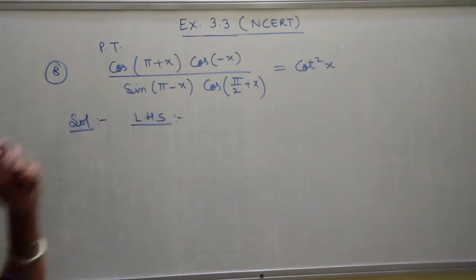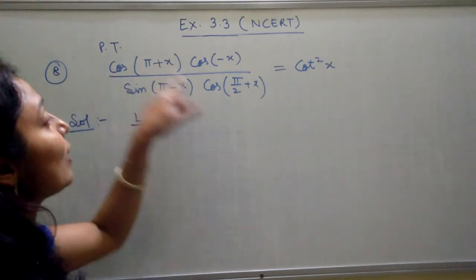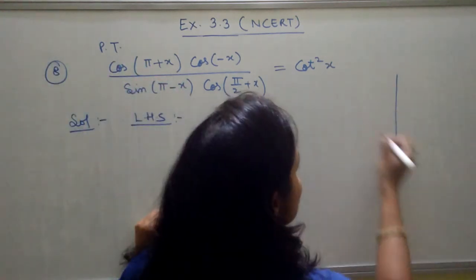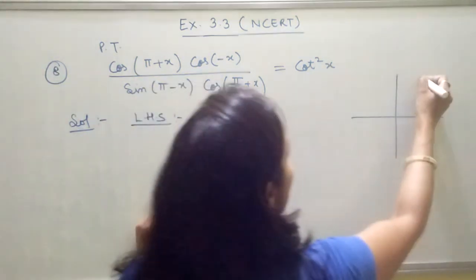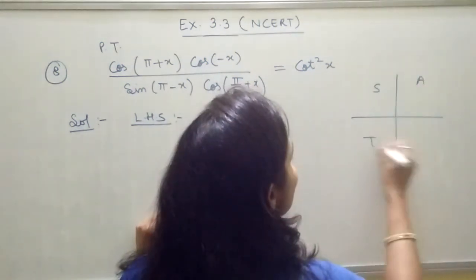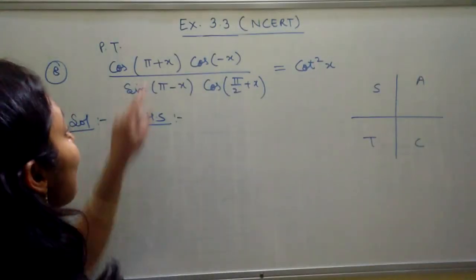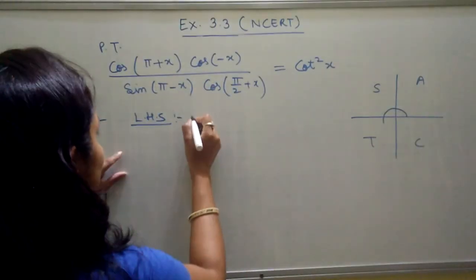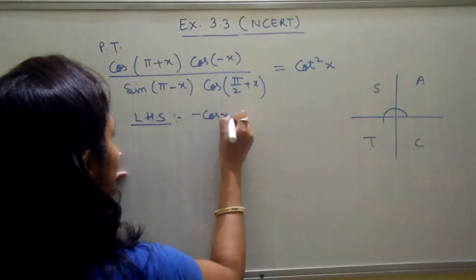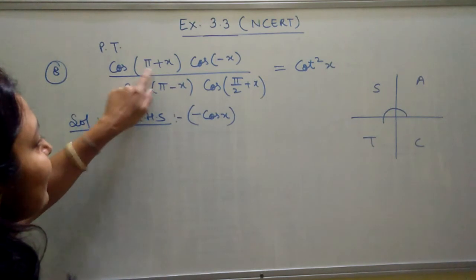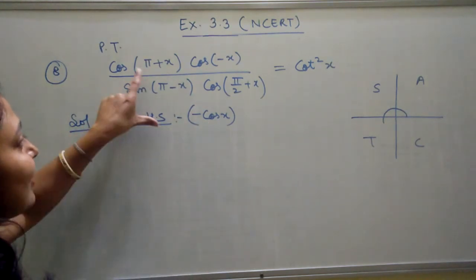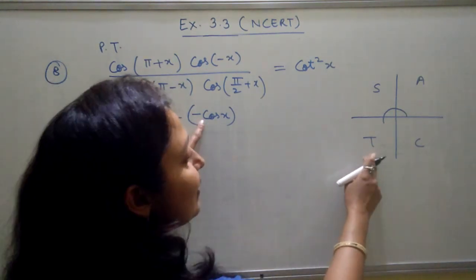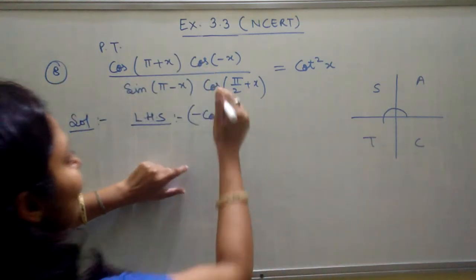I will directly put the values. Cos(180 + theta): these are the quadrants. 180 plus theta is in the tan quadrant, that means minus cos x. Cos remains cos for 180, but the negative sign is because it comes in the tan quadrant, where it is negative.